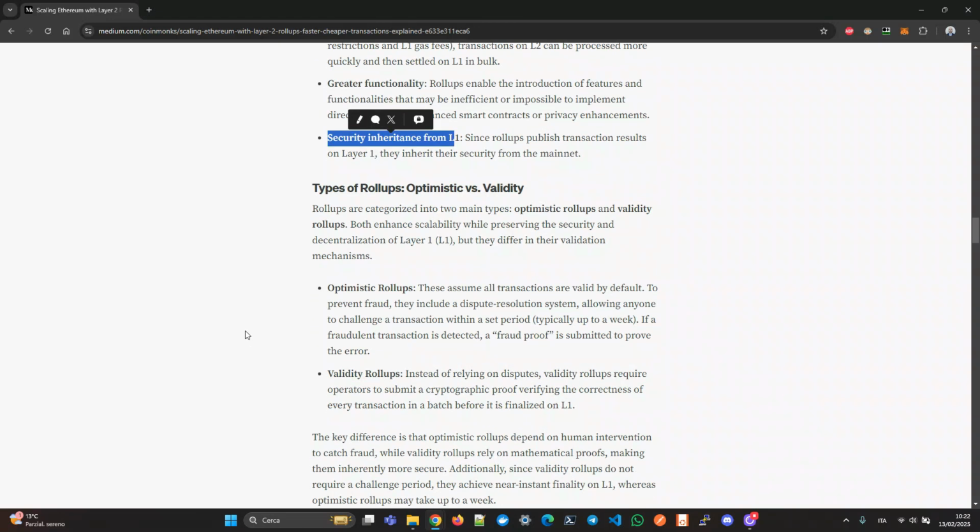So there are two main types of rollups, which are optimistic rollups and validity rollups.